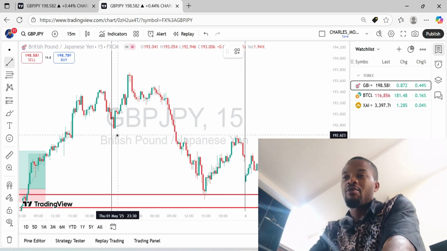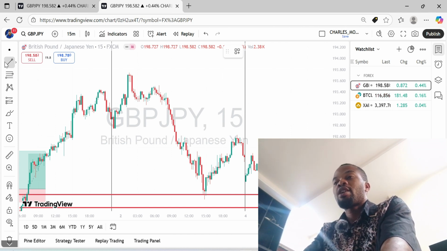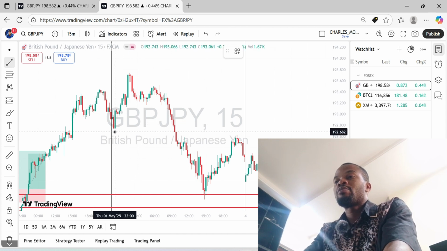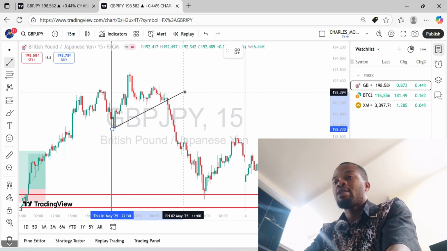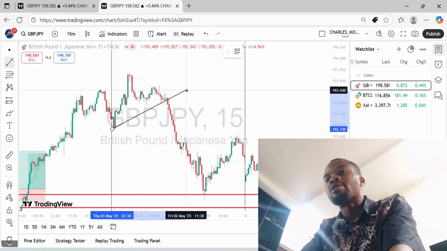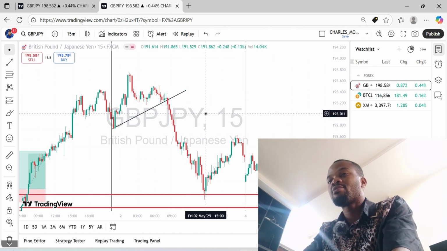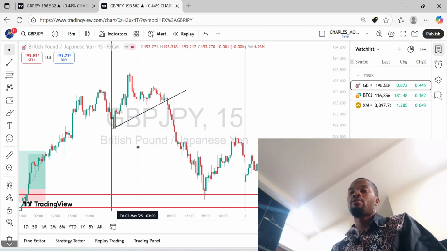So if I was active that day, what I would just do is go to my trend line, which is this up bar here. I click it. This is my trend line. Then I'll just mark any recent low that is very active, below these two tiny bullish candles. That would have been my setup for that day.